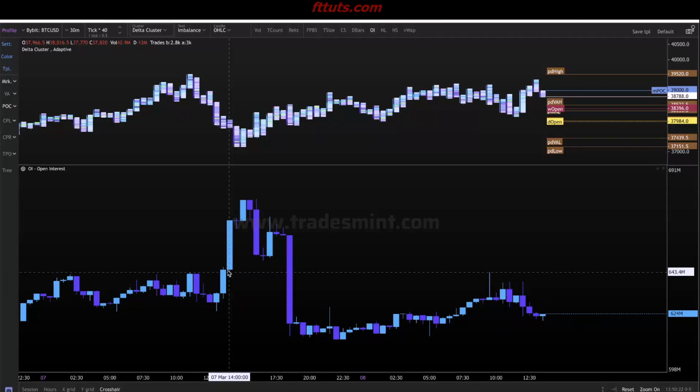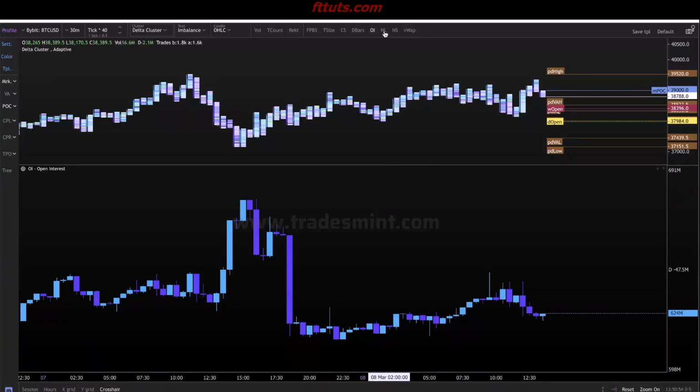We went from 644 million trades open to 667, so about 20 million trades opened, and in this candle we went from 660 million down to about 619. So about 50 million trades closed in this candle, and this can tell us a lot about a trend, whether or not it's a healthy trend, whether or not we can expect a reaction, and we're going to get into that more.